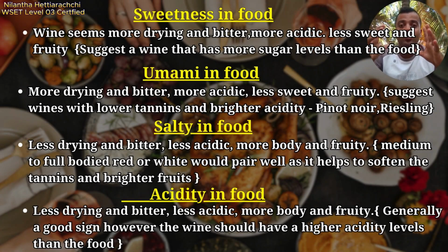So when it comes to wine and food pairing, it's very important to understand these components in the food: sweetness and umami, salt and acidity. Oftentimes sweetness and umami in food are considered not so friendly elements when it comes to pairing with wine, because these flavors in food can make the wine look more bitter, more drying and more acidic.